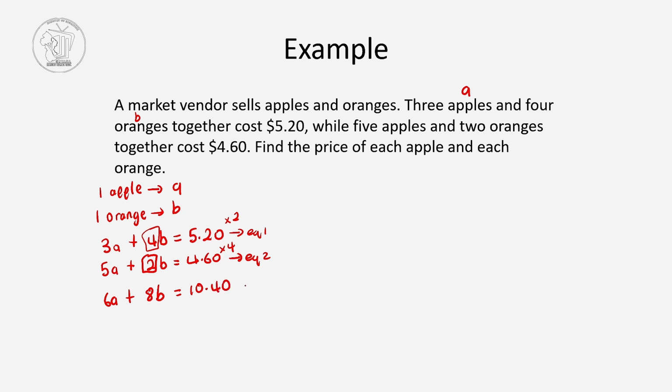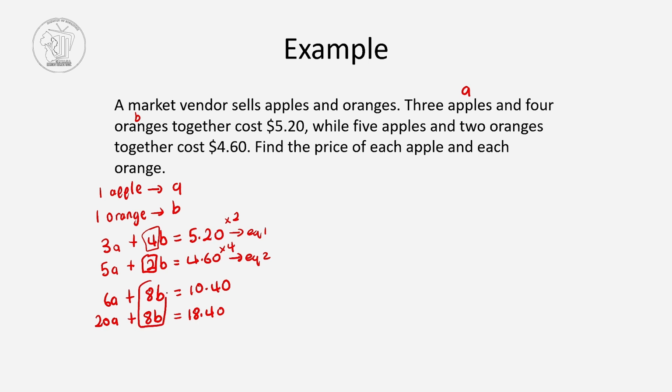Then we multiply the entire bottom equation by 4. So 5A times 4 will give us 20A, plus 2B times 4 will give us 8B. That is equal to 4.6 times 4, which would give us 18.40.